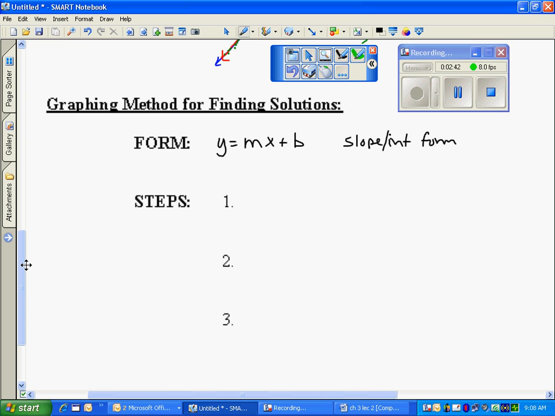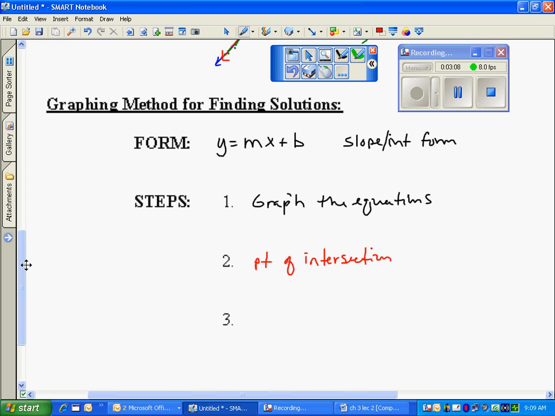So what are the steps in finding the solution? Well, the first thing is you need to graph the equations in the system. So you graph them. Then what you're going to look for is that point of intersection, recalling that you may have one point, you may have no points at all, or you might have infinitely many.